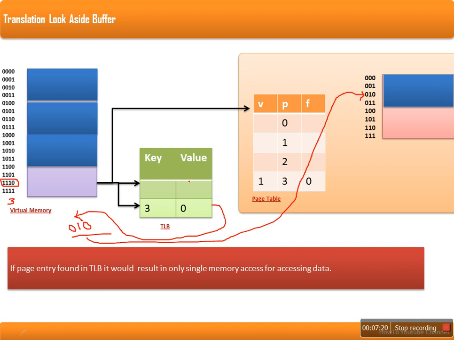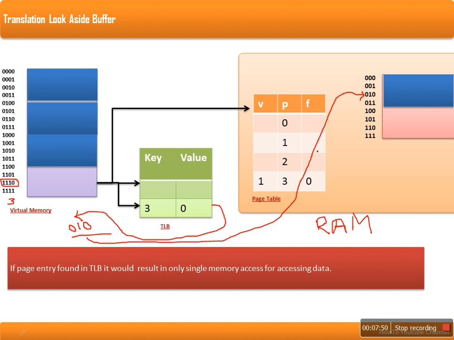In this case we are accessing RAM, and this entire thing we are representing as RAM. We are accessing RAM only one time. So whenever there is a TLB hit, RAM will be accessed only once, but in case of a TLB miss, there will be two memory accesses. In order to reduce the delay taken by two memory accesses, translation lookaside buffers are used.